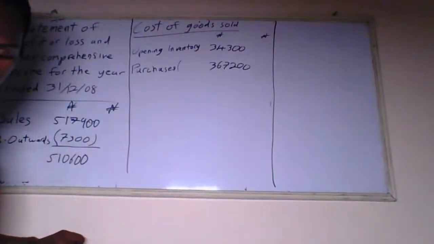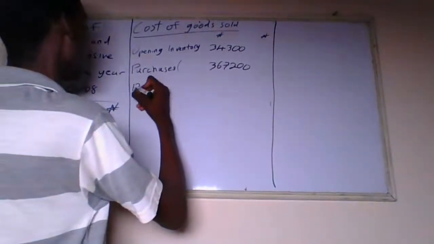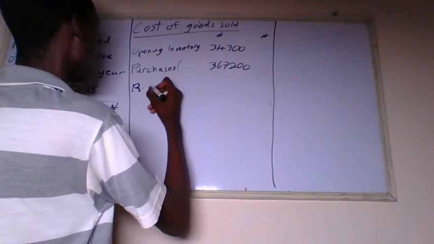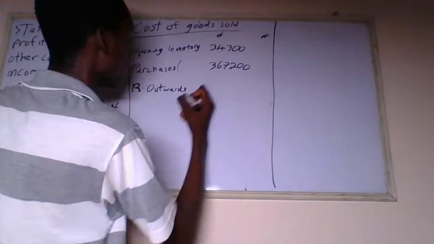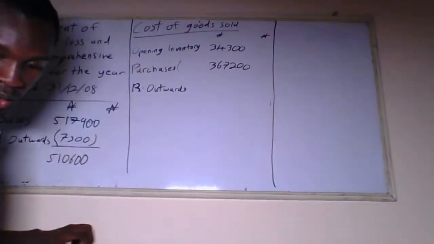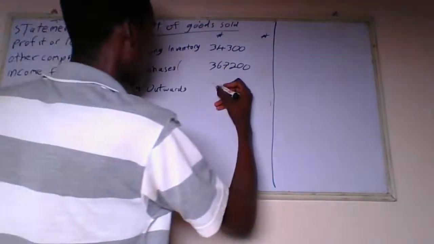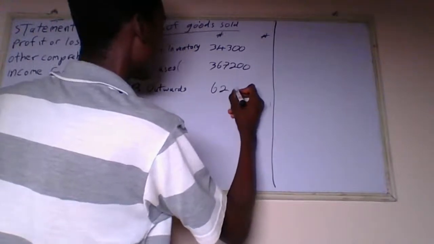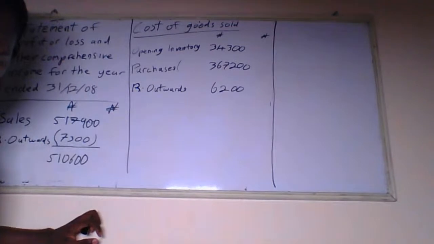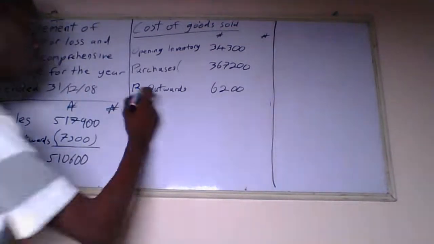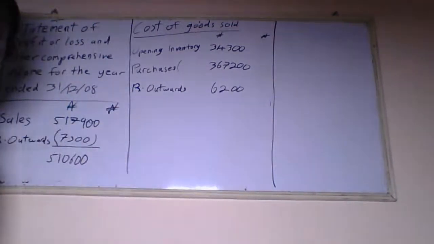After our purchases, we still have return outwards. And then, we have carriage inward.